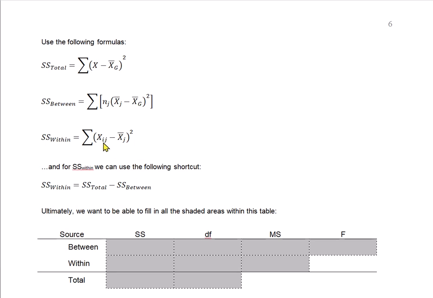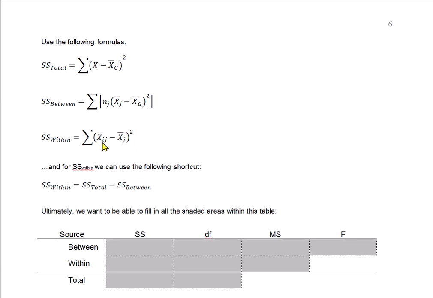And you see that we have a double subscript. X sub ij refers to the ith individual in the jth group. If you have 4 people in group 1, and you wanted to designate the second person in that group, that one score, this designation would be x sub 2 for the second person, and then 1 for the first group.